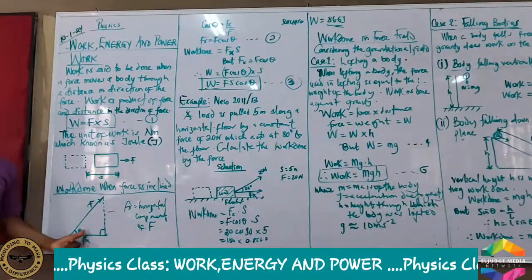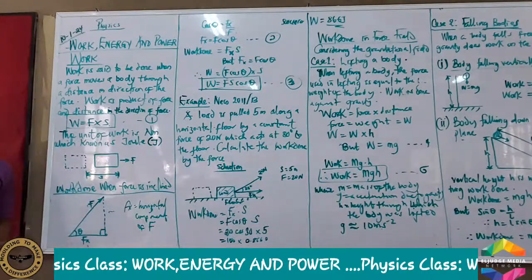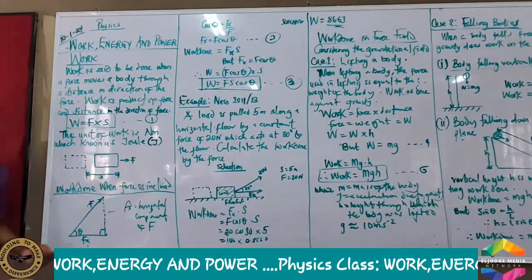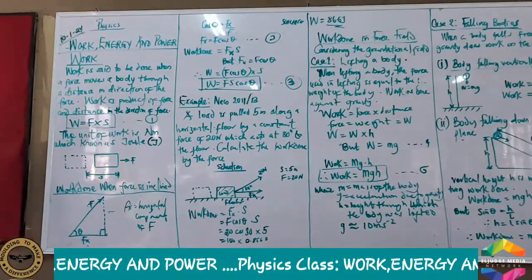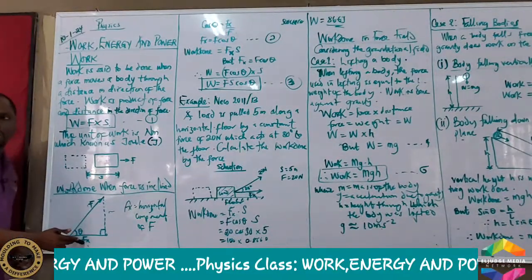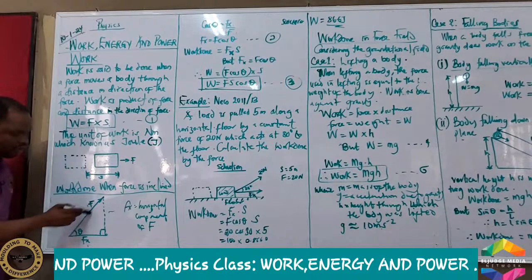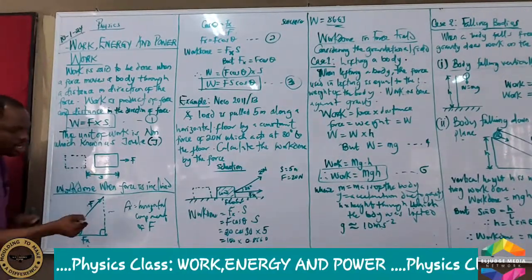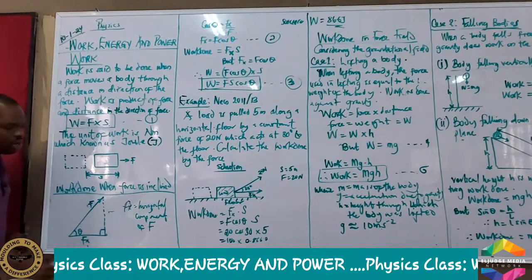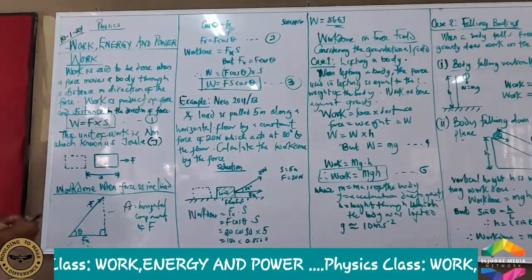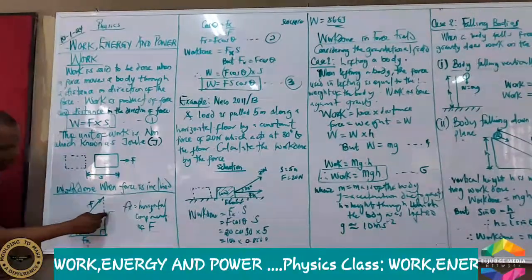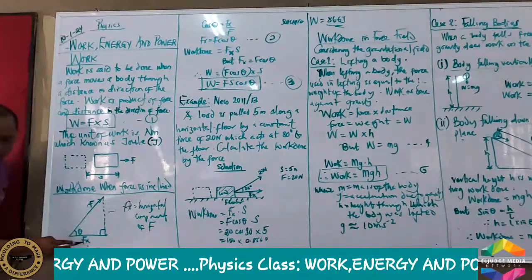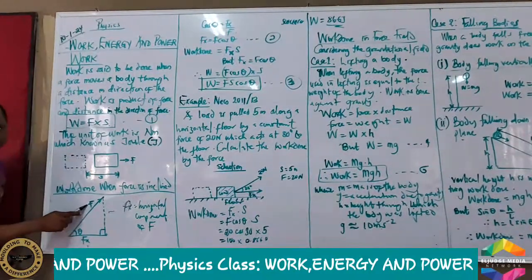But in this case, the force is now inclined to the horizontal floor at an angle of theta. So we are going to find the horizontal component of the force. This is the force applied, and this is the horizontal component of the force applied. So that's Fs, the horizontal component of F. Looking at this right angle triangle, this is the opposite side, this is the adjacent side, and this is the hypotenuse.